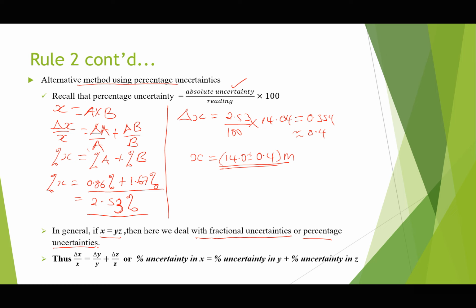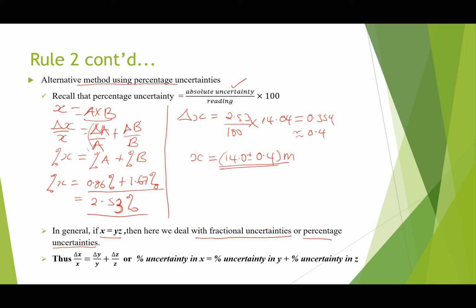In fact, the sum of the fraction uncertainties is always going to be the same for multiplication or division. What will make the answer different is when you multiply by the true value, because the value a times b cannot be the same as a divided by b.